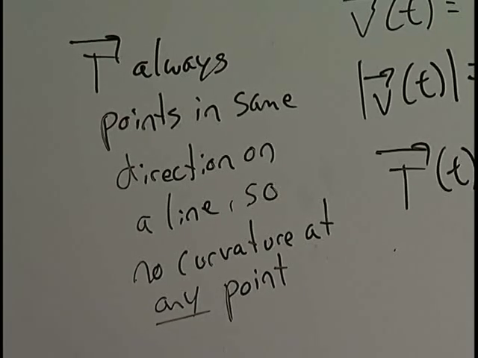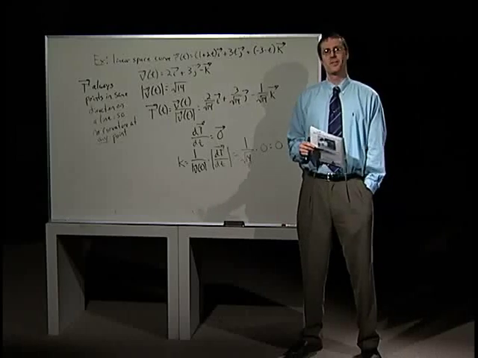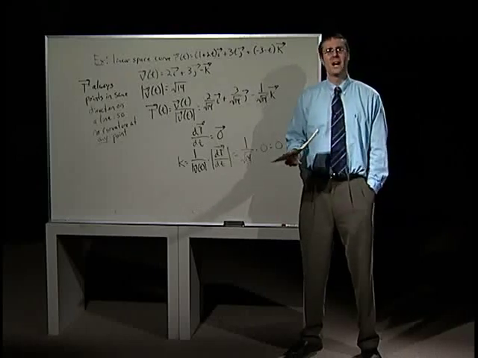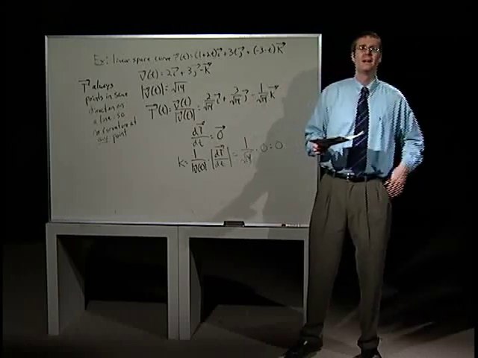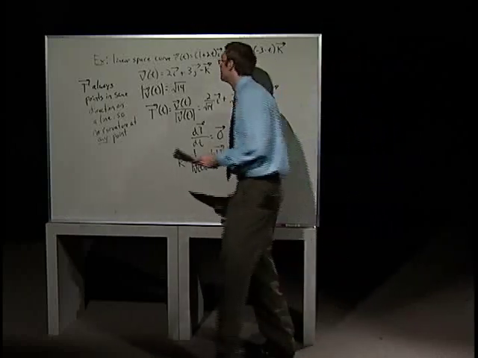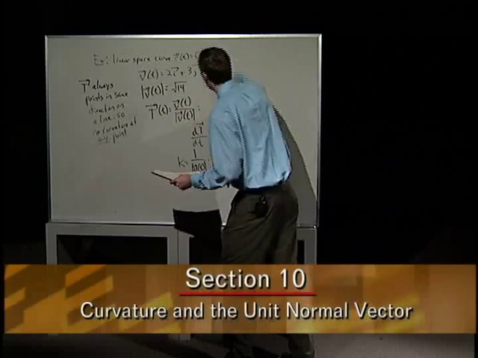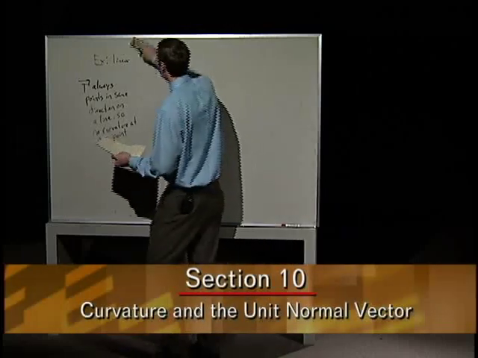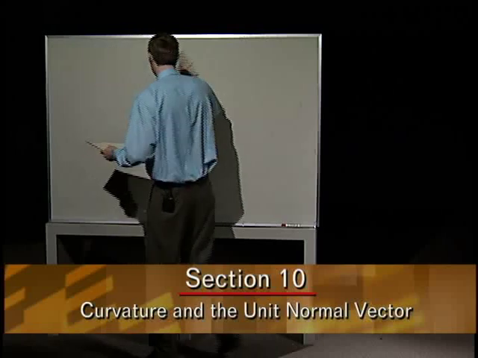Now, we talked about capital T last time, the unit tangent vector, and I said it was one of three vectors that will allow us to analyze particle motion in 3-space at any time little t. Well, here's the second vector in that group. So big T always pointed in the forward direction.